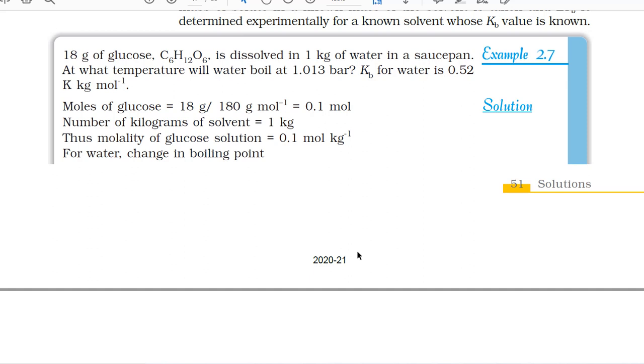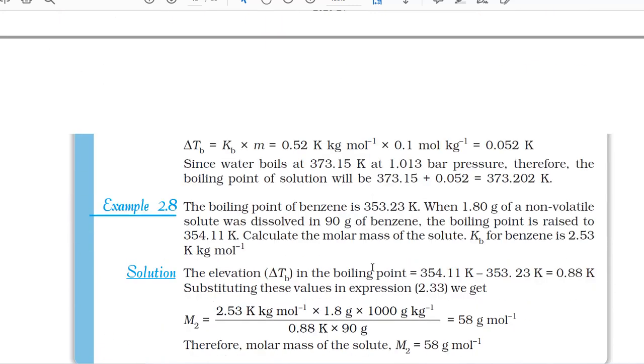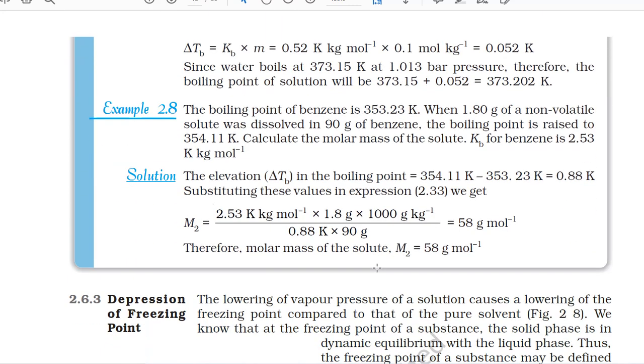Moles of glucose = 18 gram / 180 gram per mole = 0.1 mole. Number of kilograms of solvent = 1 kg. Thus, molality of glucose solution = 0.1 mole per kg. For water, change in boiling point ΔTb = Kb × m = 0.52 Kelvin kg per mole × 0.1 mole per kg = 0.052 Kelvin.